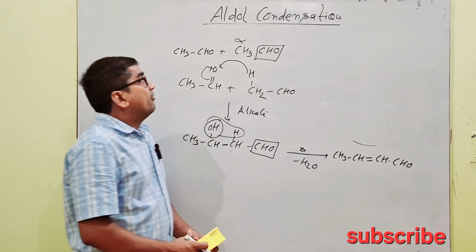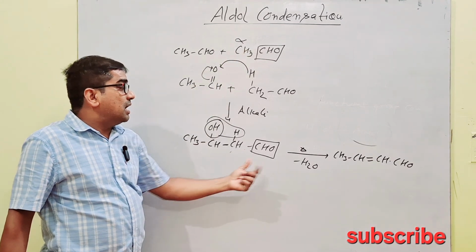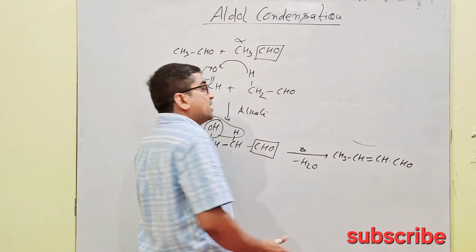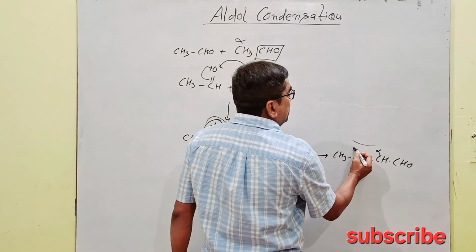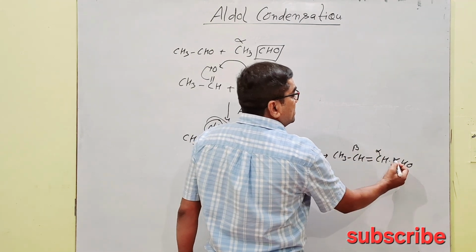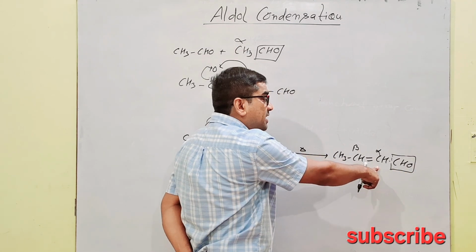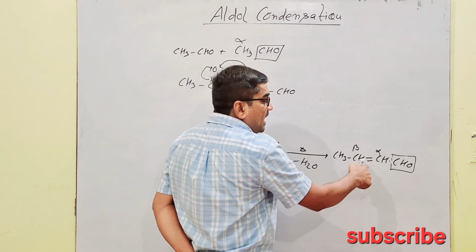When the product of aldol condensation is heated strongly, it gives alpha, beta unsaturated aldehydes or ketones. Since the functional group is attached here, the first carbon will be alpha, the second will be beta.